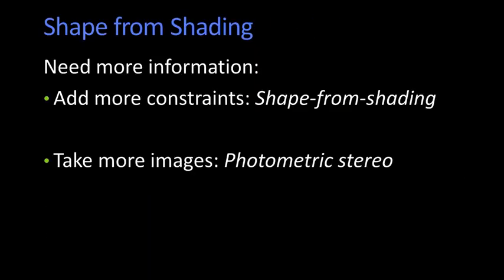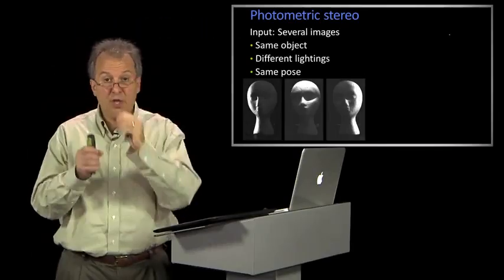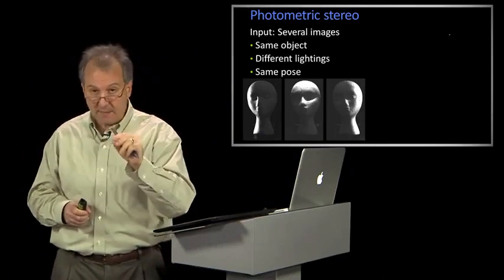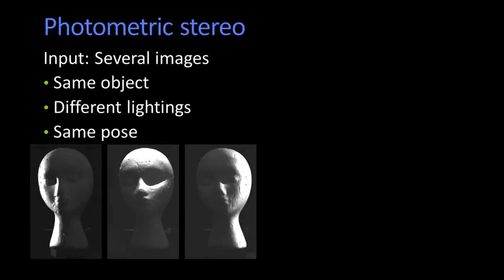So what can we do instead? Well, we can take more images. And this is what's referred to as photometric stereo. The idea is that we take pictures from the same camera location. So we can still have Z as a function of X, Y, same object, but with different lighting. So here we have the picture taken from the same location with different lighting directions.